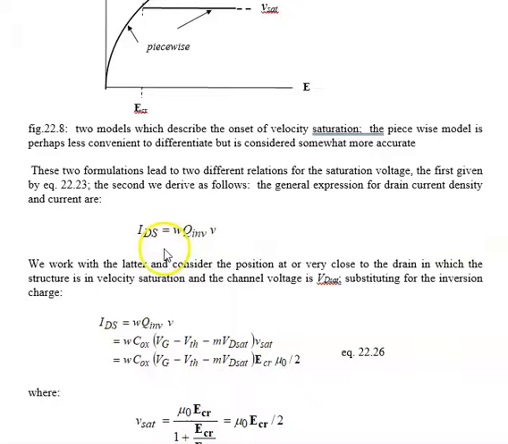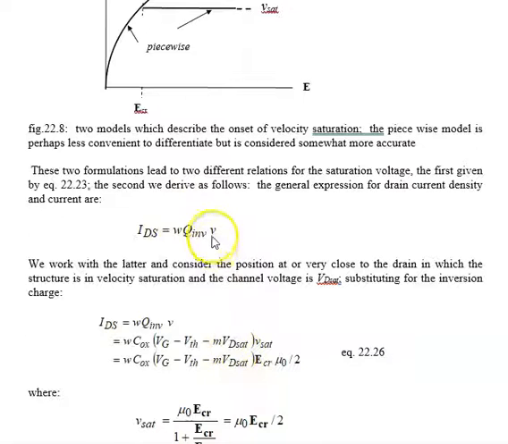So this is a correct expression for the output current, and we're going to write this in a very special fashion. We're going to write it at or close to the drain, and the condition is that the structure is in velocity saturation and in pinch-off at the drain, but only at the drain. So for VDS, we substitute VDSAT because we're at the drain and it is pinched off at the drain.